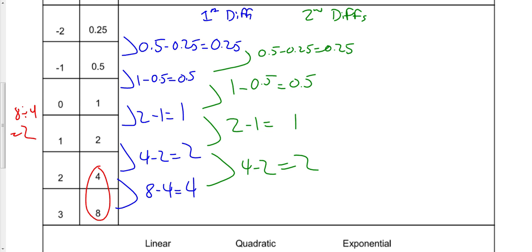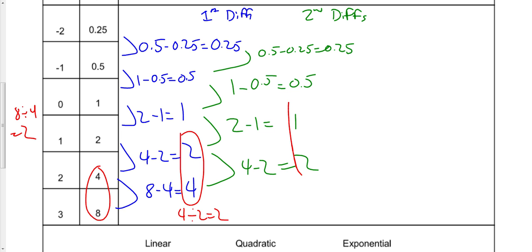If I look at my first differences, I've got 4 and 2 again. Well, 4 divided by 2 is equal to 2. And 2 divided by 1 is equal to 2. And 1 divided by 0.5 is equal to 2, and so forth. And even if I look in my second differences, I see the same connection.